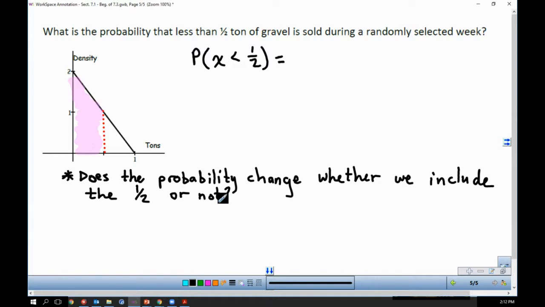Does the probability change when we find the area, whether we include the 1/2 or not? The probability that x is exactly 1/2 is 0, yeah. But since we can get infinitesimally close to 1/2, our area would not change. So this would be the same as the first problem. We would still find the area of our trapezoid.